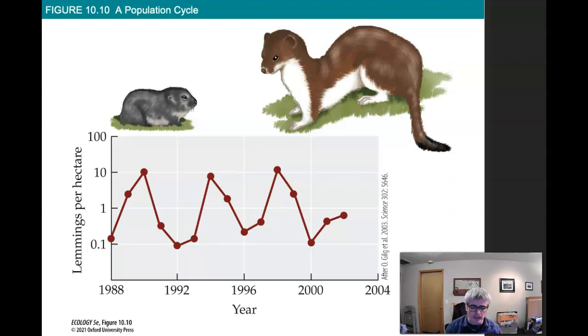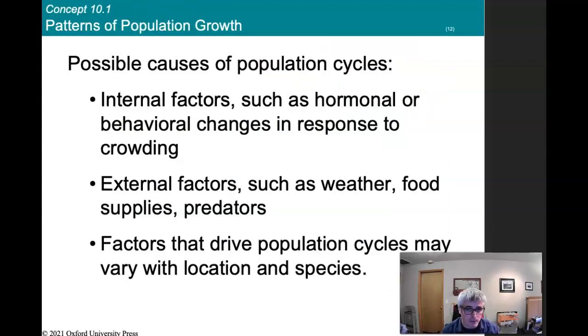There's other factors that can lead to population variations. There can be internal factors, and so there can be hormonal control, based on knowing that there's going to be a food shortage, or as resources begin to wane, rather than produce a whole bunch of offspring that are going to have a low survivorship.